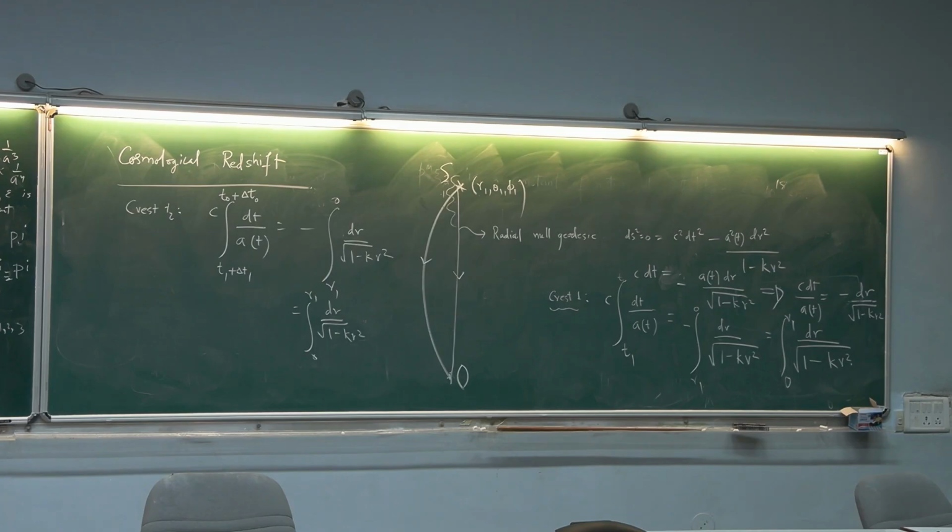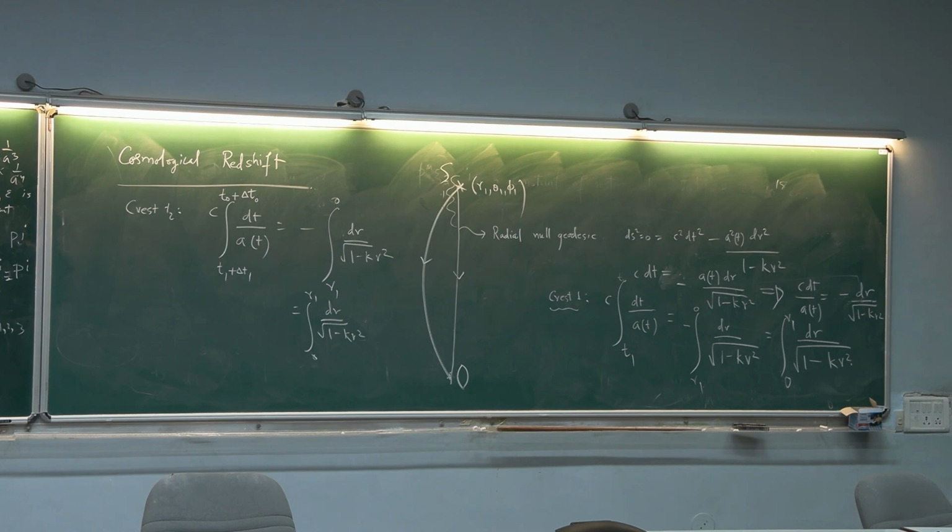We are now looking at the waves going from one end to another. The emitted wave, crest 1 started at time t1, next crest 2 started at t1 plus delta t1. We are asking, when would they arrive at our place?